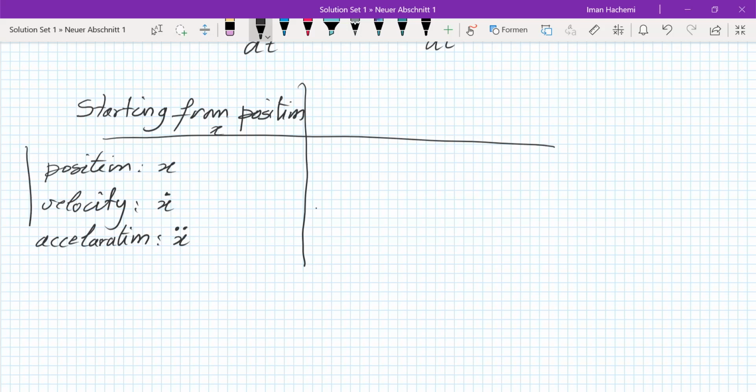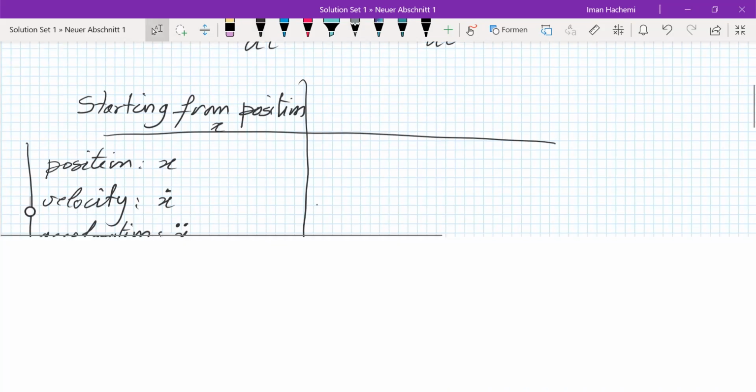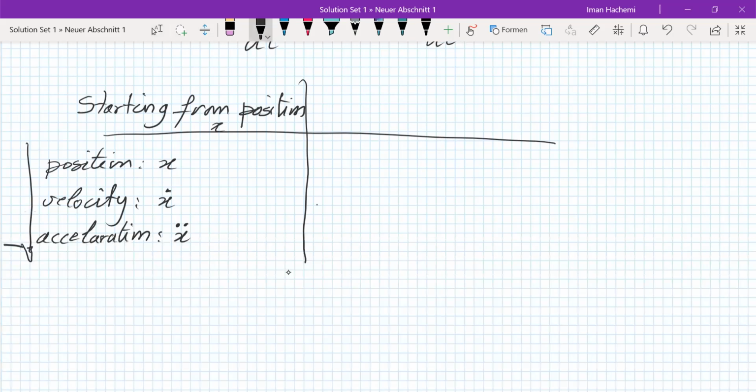That means we make here what we call time derivation.